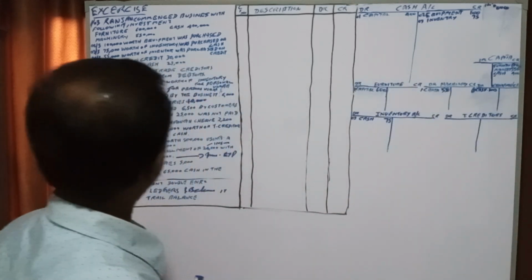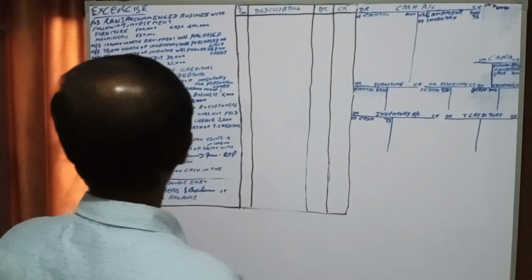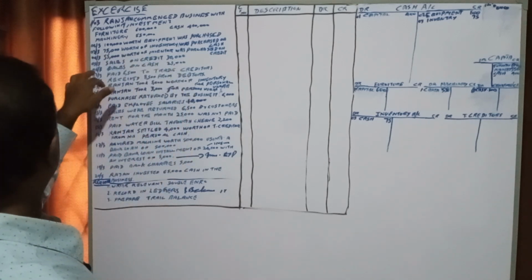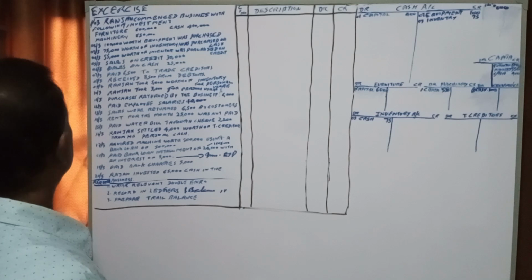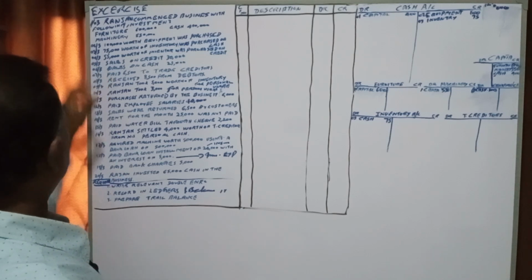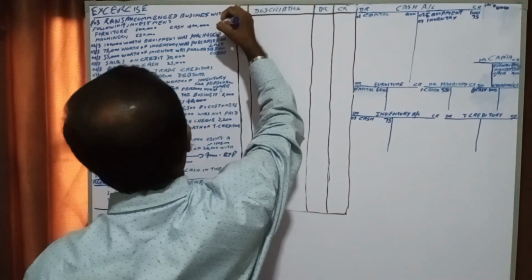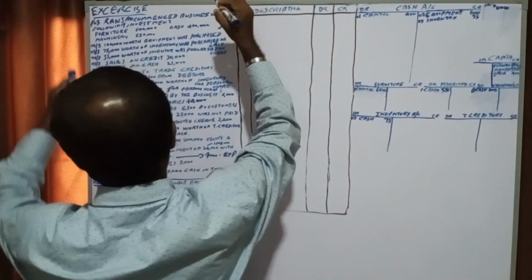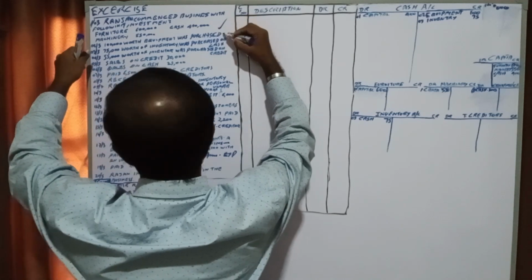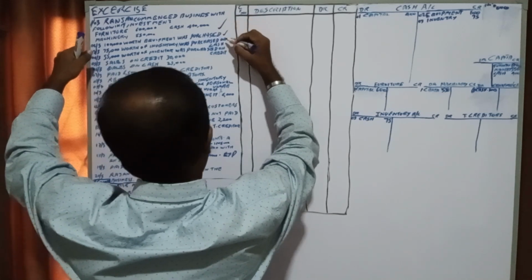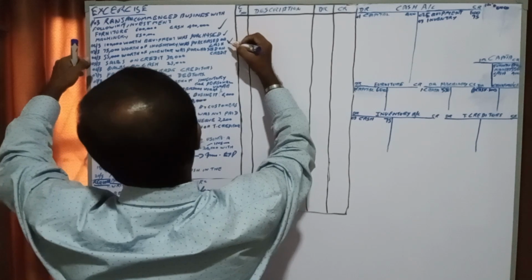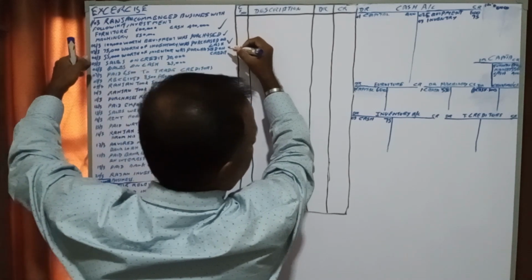Trade creditors. That is on 4th, right? So here we can mark it. Here, this one we have seen. For this we have first entry. On third also we have first entry, 55,000.